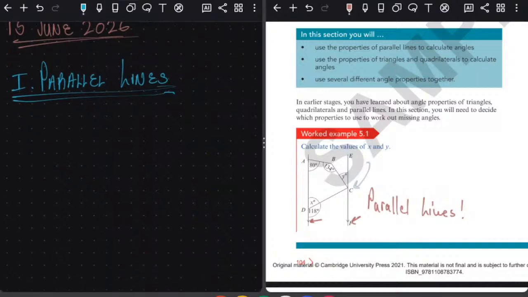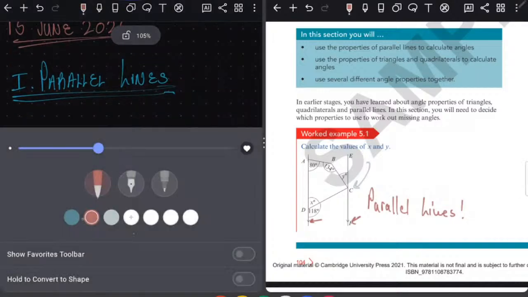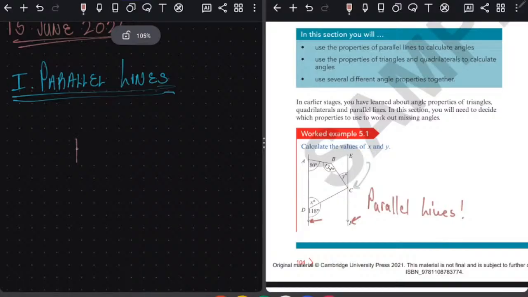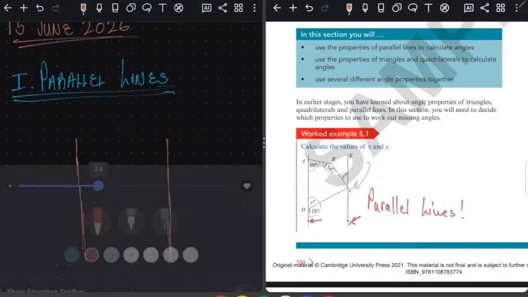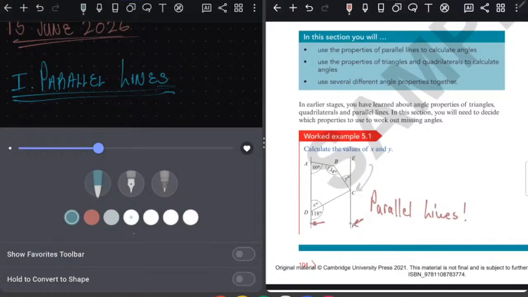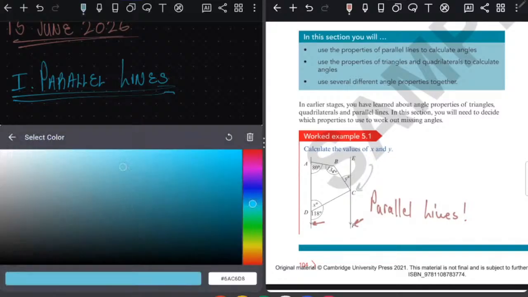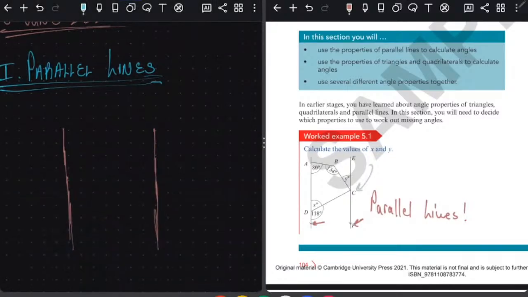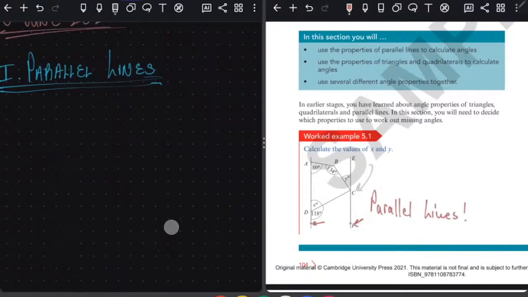Let's put. We must know that, or let me put the 4 things instead.